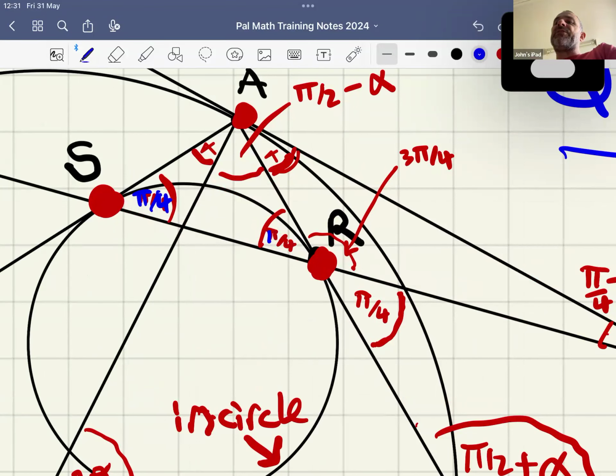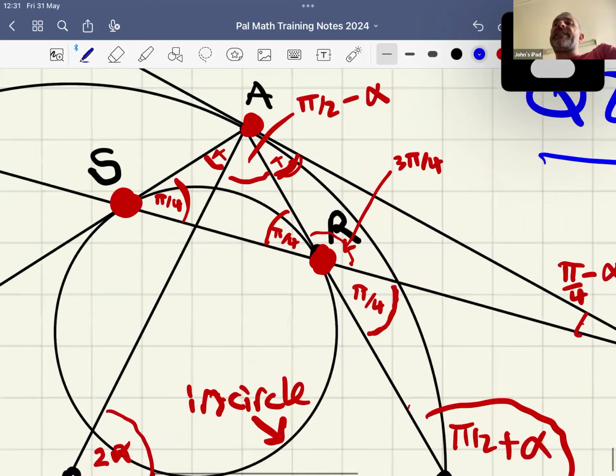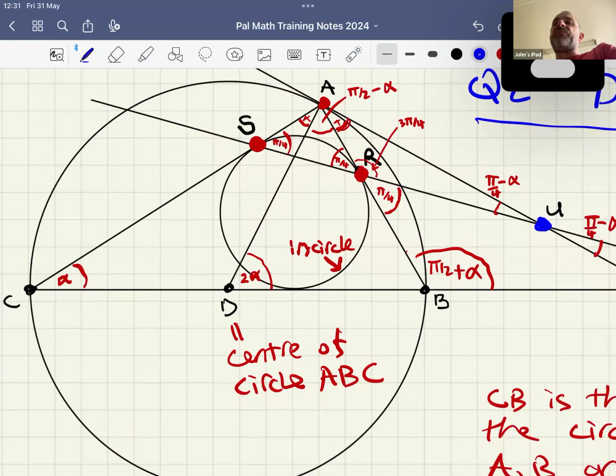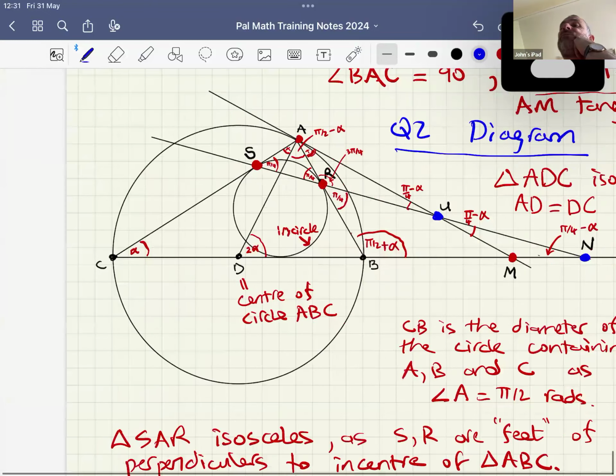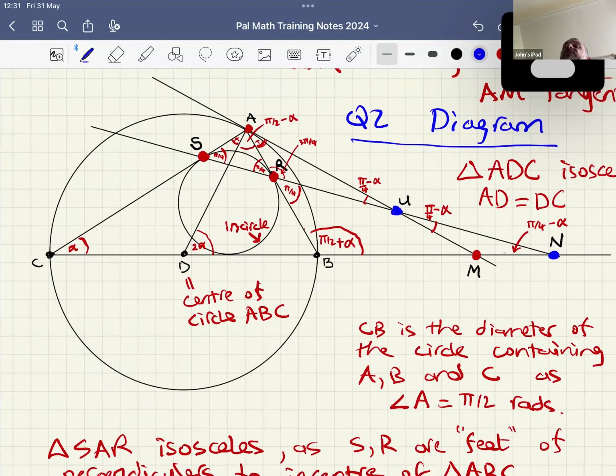I've given a name to alpha here, and then you try and chase alpha down, which angles are alpha, using various arguments. And then it's called angle chasing, where you look at the sum of angles in a triangle being 180 degrees, and you fill in angles as you go, and you can eventually find that UMN is an isosceles triangle.